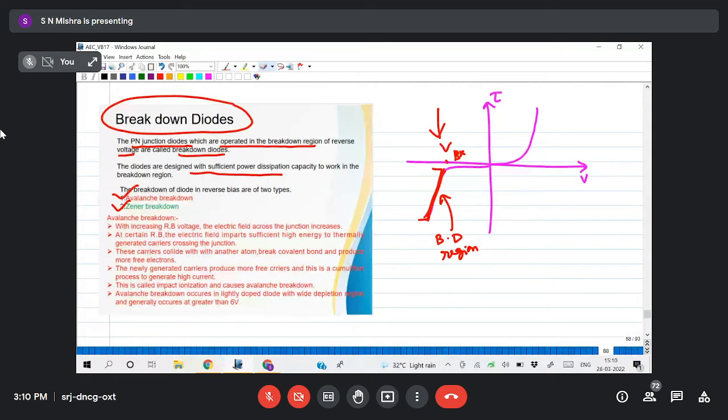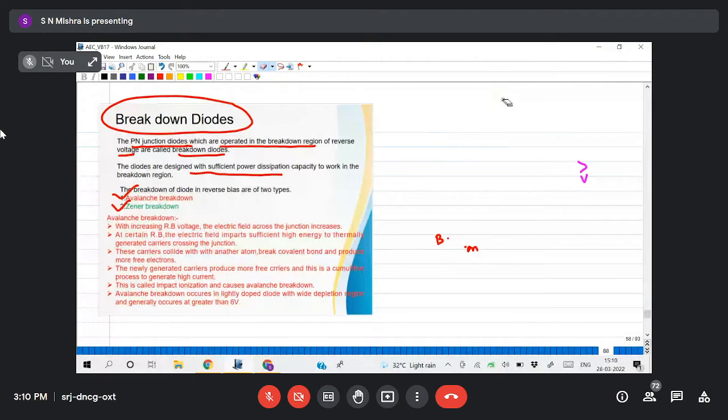Do you know what you mean by avalanche? You have heard that in the Himalaya region avalanches occur and our soldiers are martyred there. So what do you mean by avalanche? What is the general meaning? Flood? The snow slides down. Sudden change or sudden increase, right?